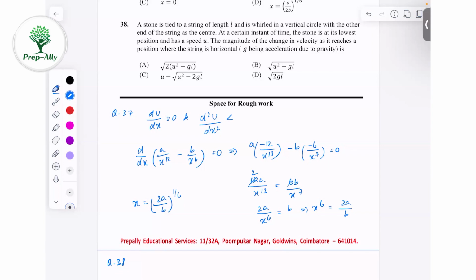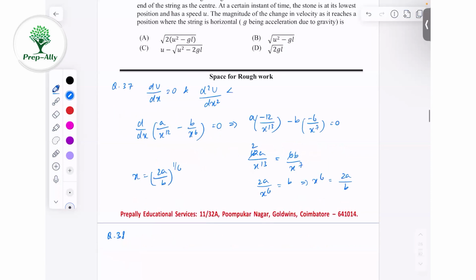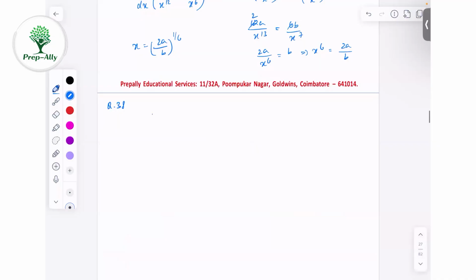The magnitude of change in velocity as it reaches a position where the string is horizontal. Okay. So initially string is down like this and the velocity is u. So gradually the body went like this and it reached somewhere here where the velocity is now vertical and it is v. The string is now like this horizontal. He's asking us to get the change in velocities.